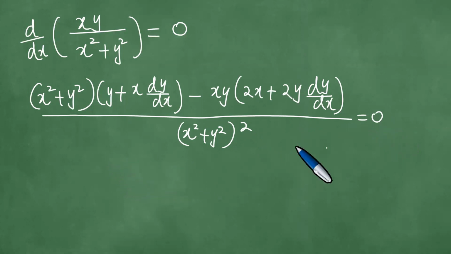Right, and we cross multiply and expand. If we expand, we multiply y by this, getting exactly x squared y plus y cubed, just multiplying by y.